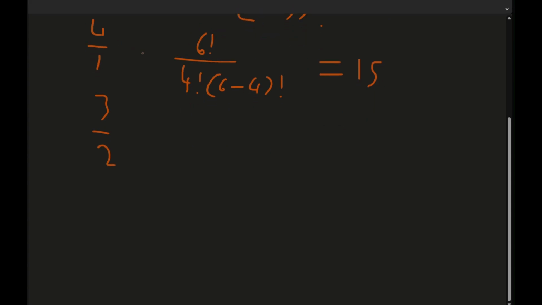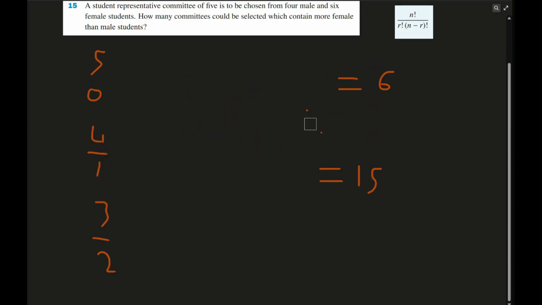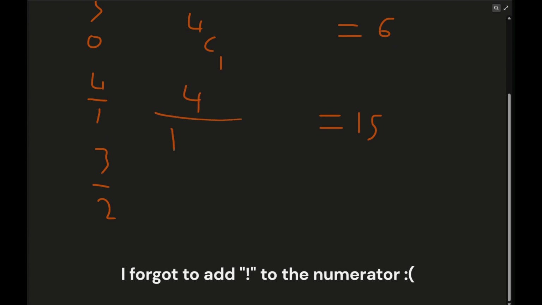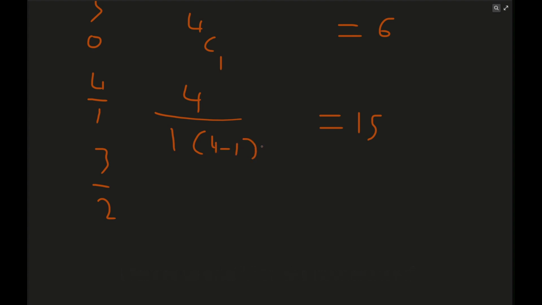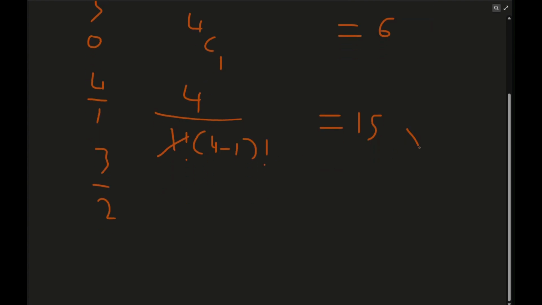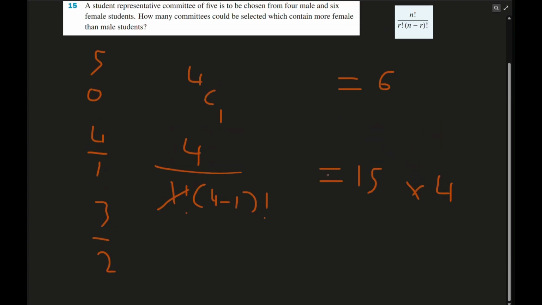So the number of ways to have 4 and 1 would be 4 over 1 times (4 minus 1) factorial, which evaluates to 4 over 3 factorial, which is 4 as they cancel out. So then we times this by 4. So we have 6, we have 60.